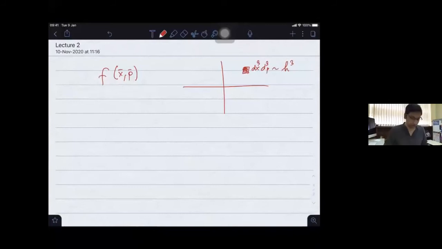It's just classical. Now this is the phase space distribution function, and if I integrate f over d3p, forgetting about factors of 2 pi and all, this basically gives me the number density as a function of x.